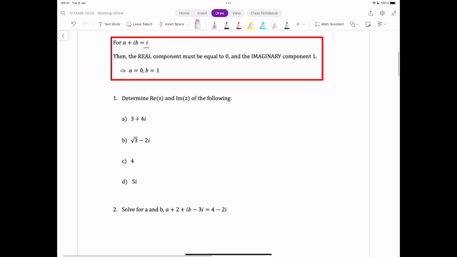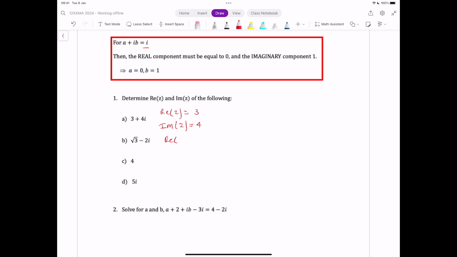We have some special notation for that, Re(z) and Im(z). So the real component of z in the first one, and I probably should say that they're all equal to z, but I don't have enough room, is 3, and the imaginary component Im(z) is 4. Importantly, it's not 4i, the imaginary component is 4.